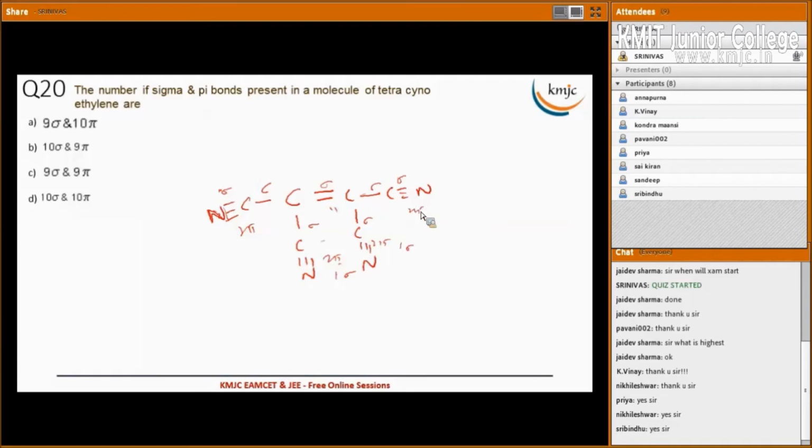When you calculate, it comes to be around how many sigmas? 9 sigmas. Pi comes to be how much? 9. The answer comes to be 9 sigma and 9 pi bonds.